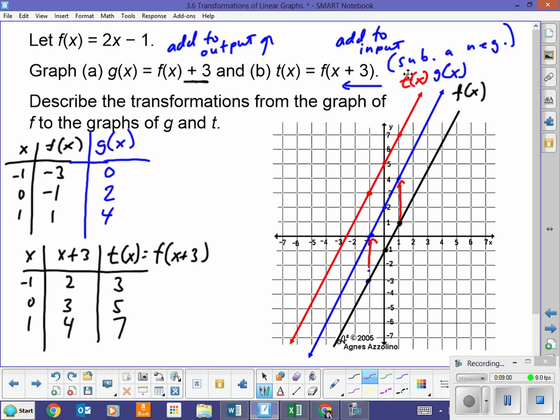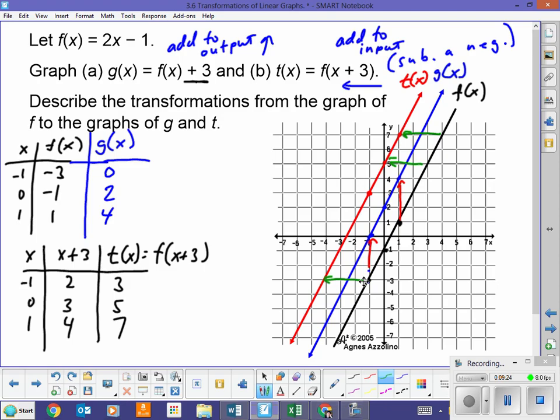This is a horizontal translation to the left. Let's see, this one's off a little bit. Let's straighten it out. These 3 spaces, this one is actually shifted this way. Now, I know it's kind of hard to tell the difference between a horizontal and vertical translation just by looking at it.